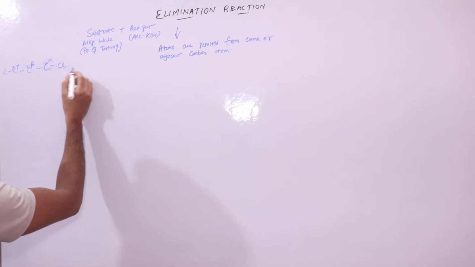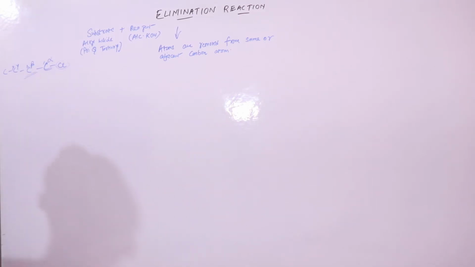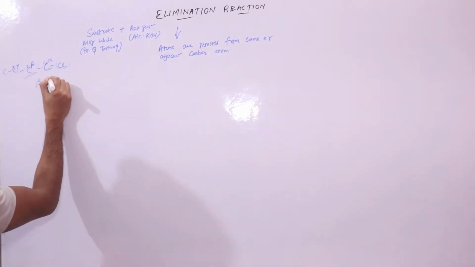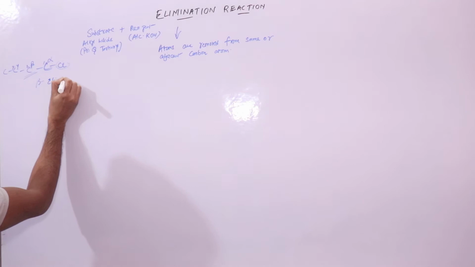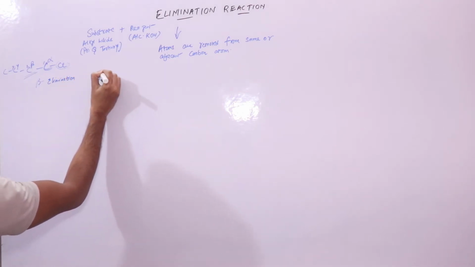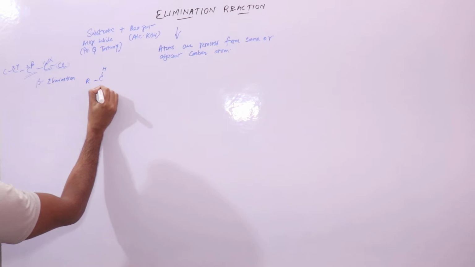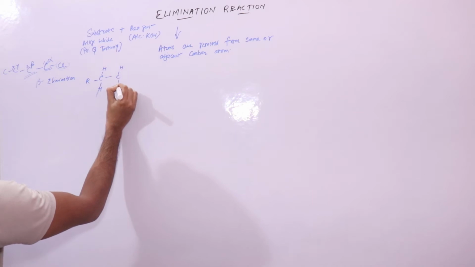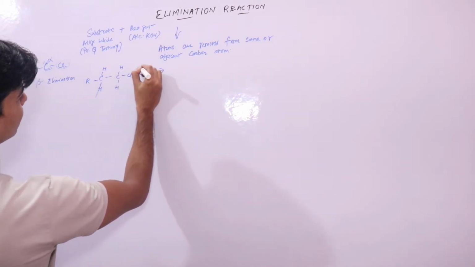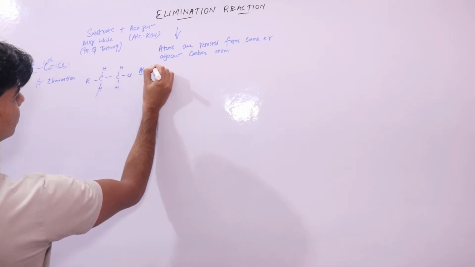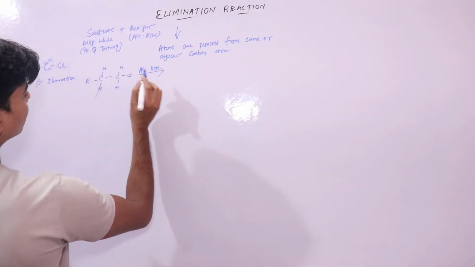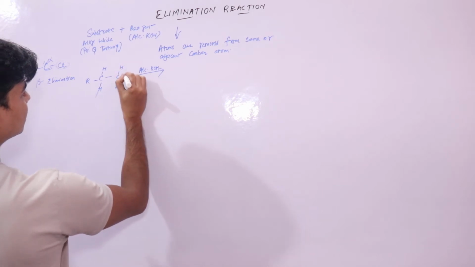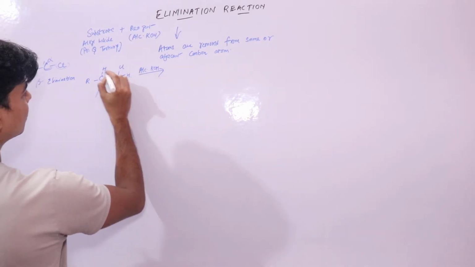Now let's first take the example of the most important type of elimination, when atoms are removed from the alpha carbon atom and the beta carbon atom. This is beta elimination. This is your compound, in presence of alcoholic KOH.